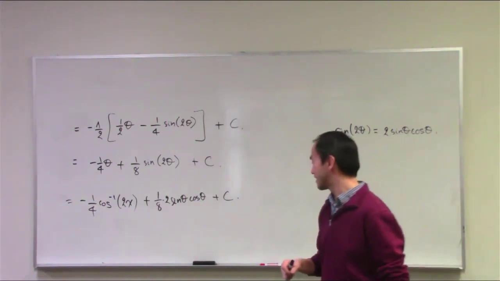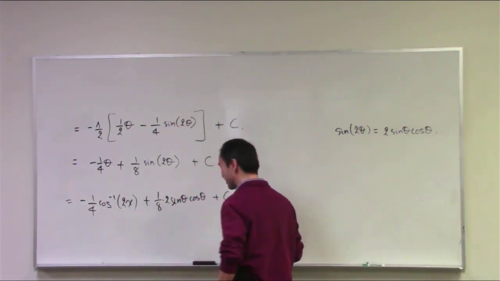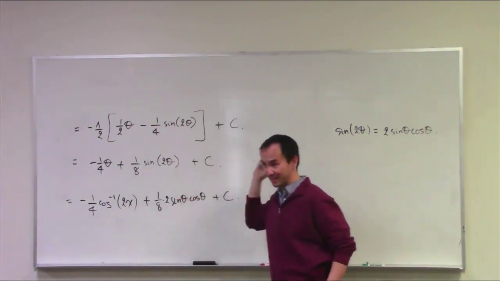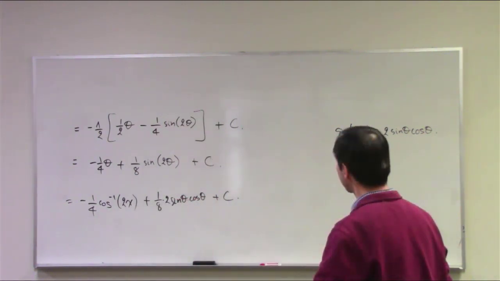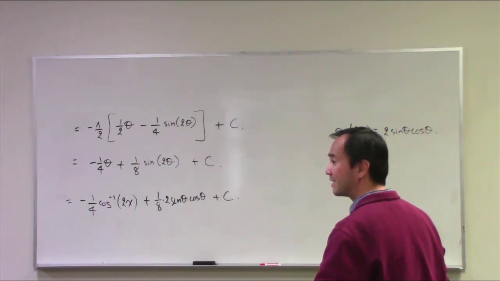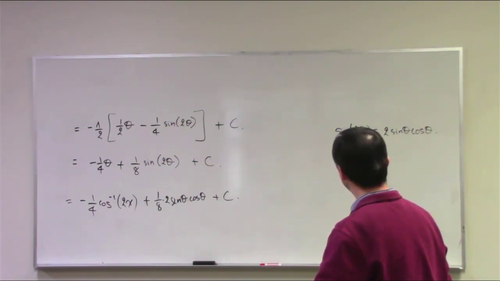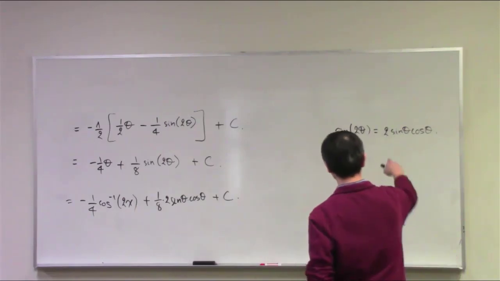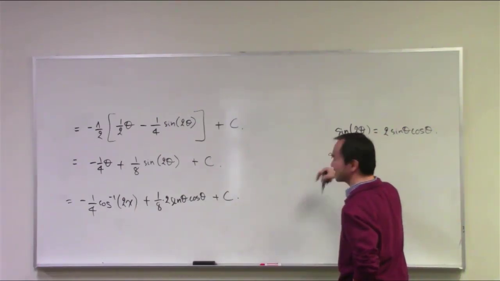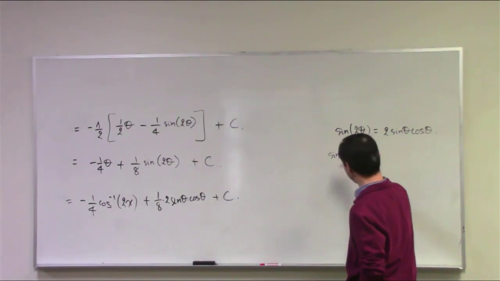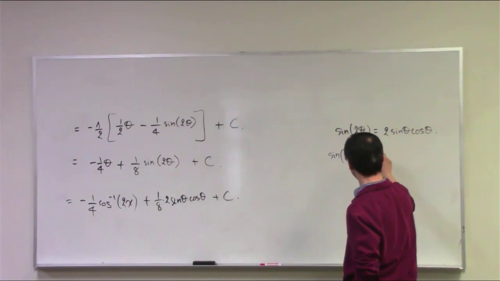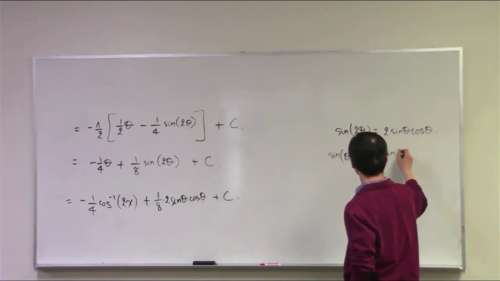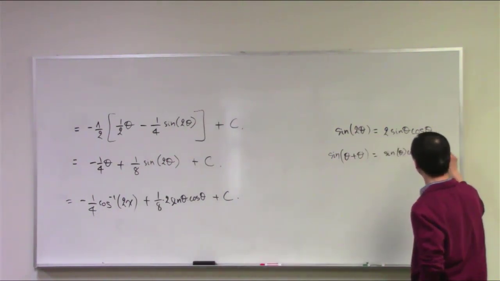You should have had that from your previous learning, but in case that's faded away, I can briefly remind you. You just remember these. There's also a trick to derive that. You think of the sine of a sum: sine of theta times cosine theta, plus another sine of theta times cosine theta.